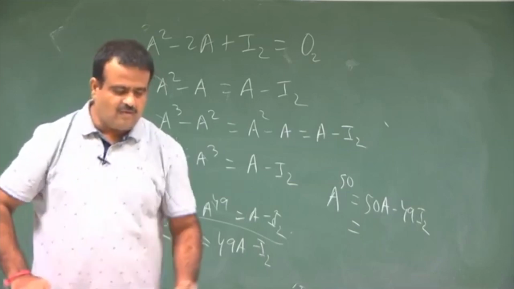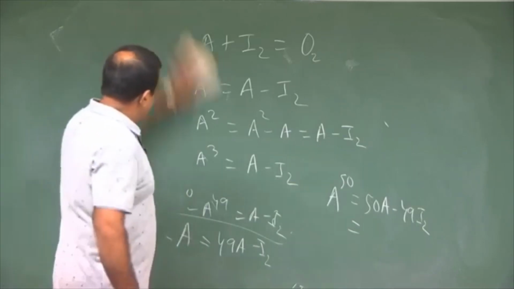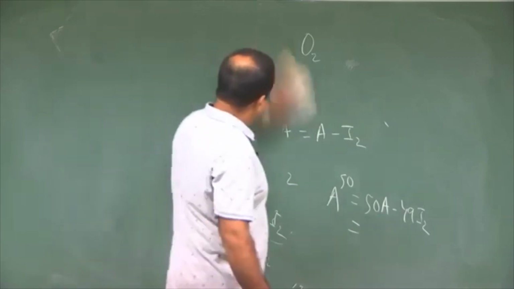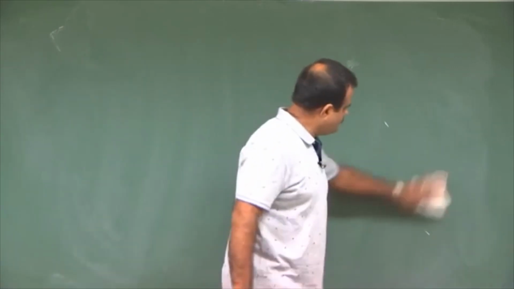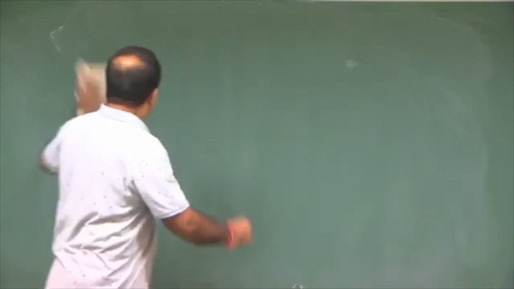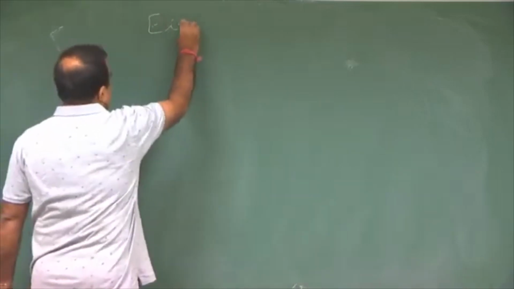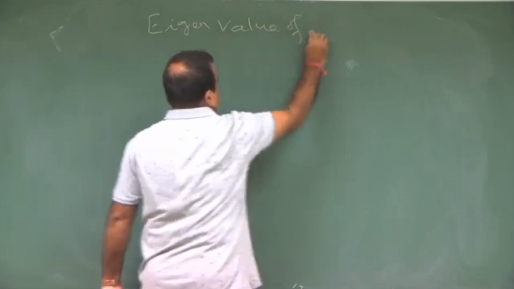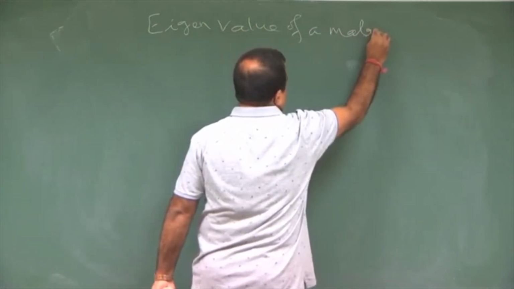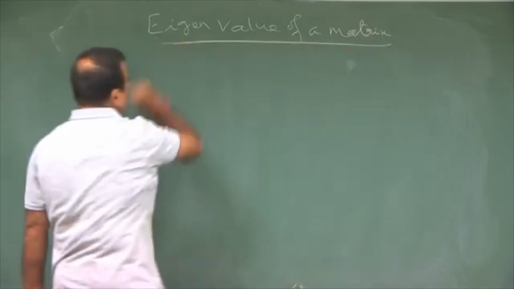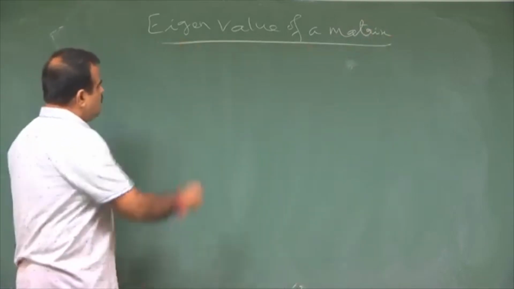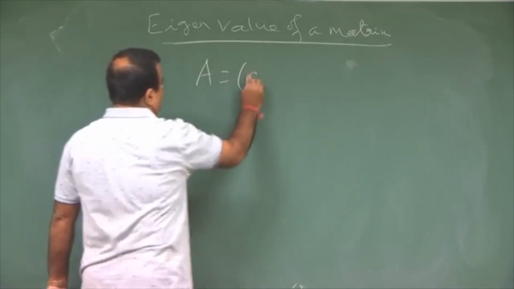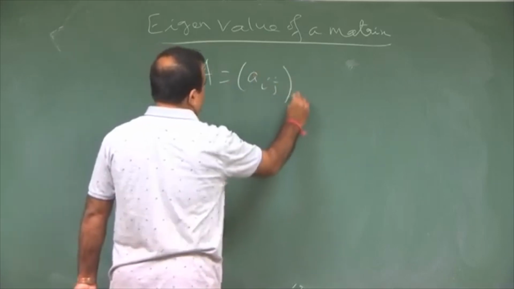So, now we will define what we mean by an eigenvalue of a matrix. Okay, so we are given a matrix A ij, which is a square matrix.